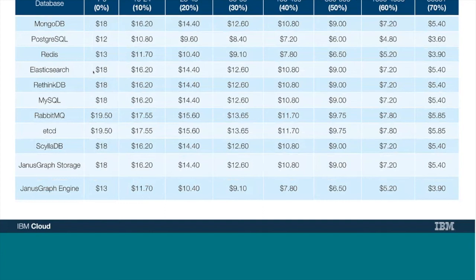So as you jump into the 10 gigabytes to 24 gigabytes, then you're only charged $16.20 per gig. So there's a reduced per unit pricing as you grow.